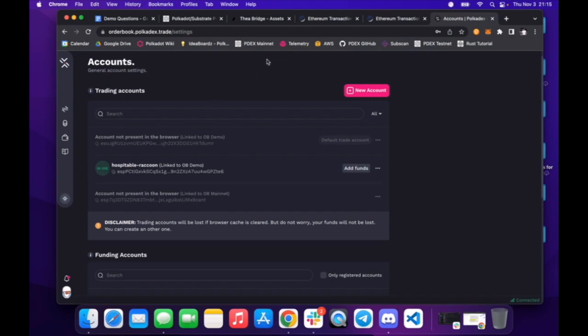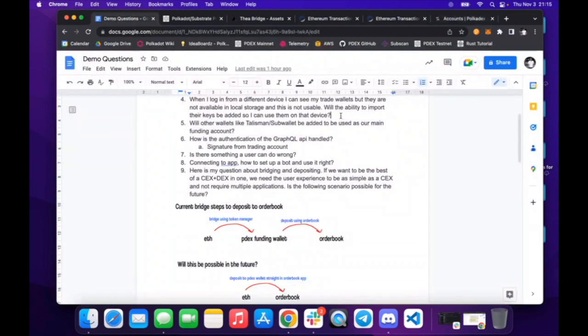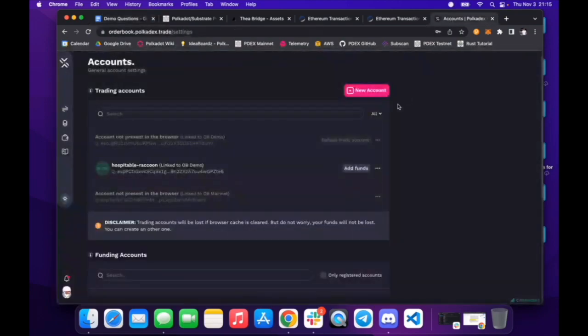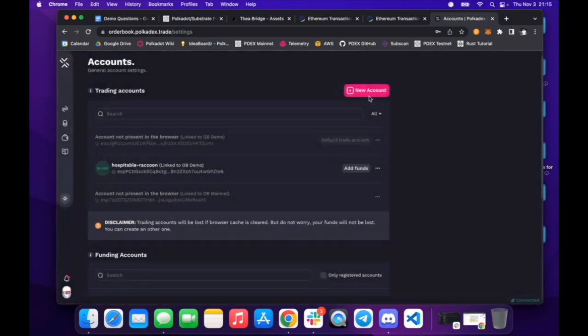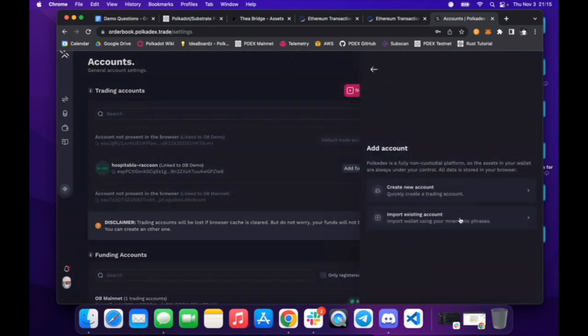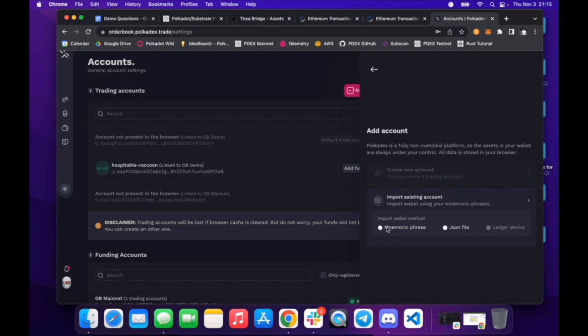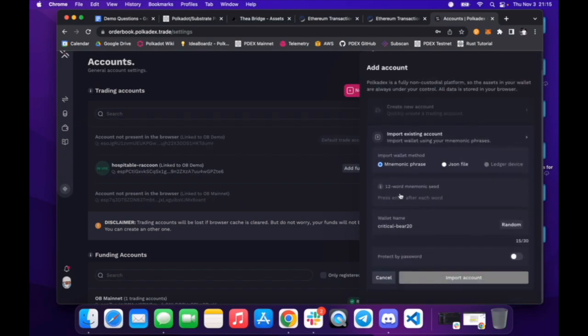All right. So like I said, will the ability to import their keys be added so I can use them on the device? The ability is already there. All you have to do is click on actions, then click on new account and import existing account, and you can either enter the mnemonic phrase.